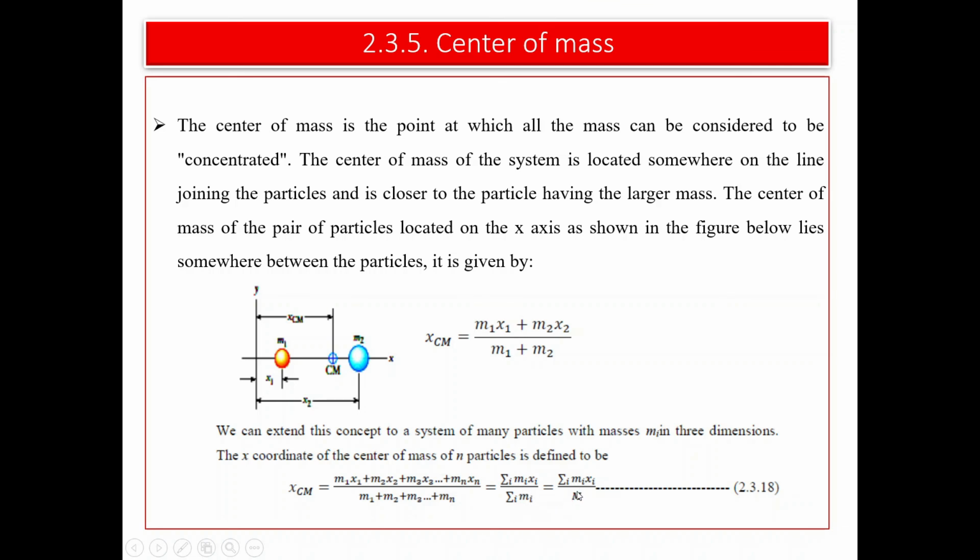Capital M usually indicates the total mass. The same holds for y center of mass: m1 y1 plus m2 y2 plus m3 y3, and so on, that is the summation of mi yi over total mass.